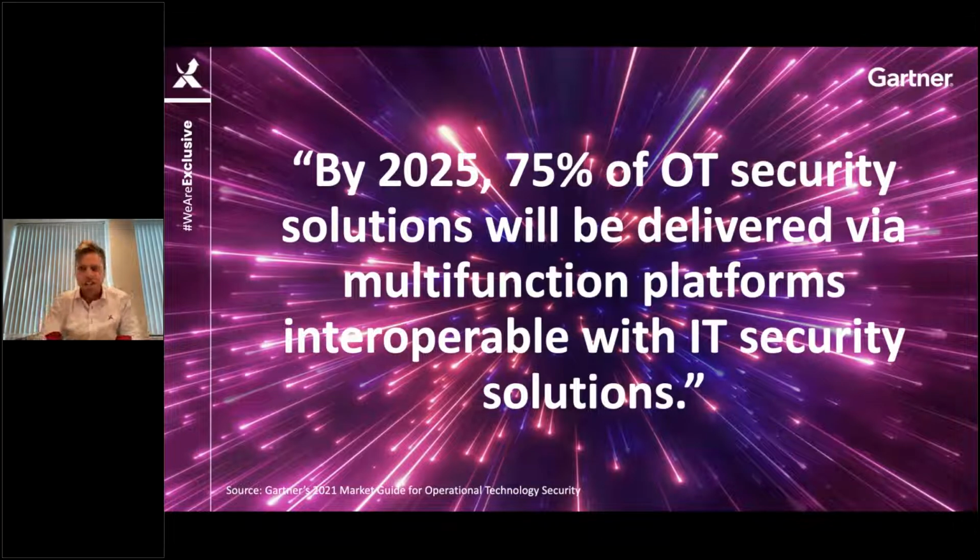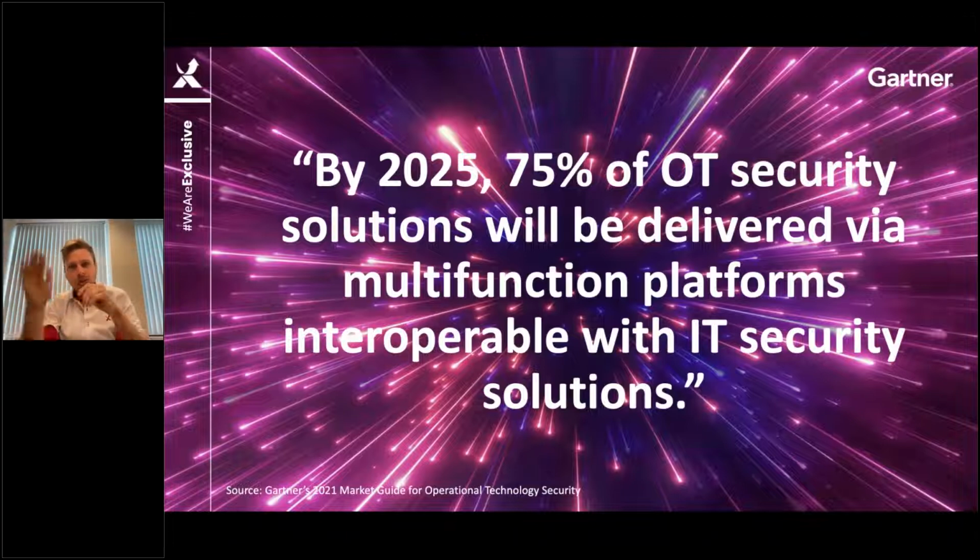In human language, that just means that security solutions will focus more and more on securing both IT and OT at the same time, because in fact, our OT environments are also changing and converging as well.